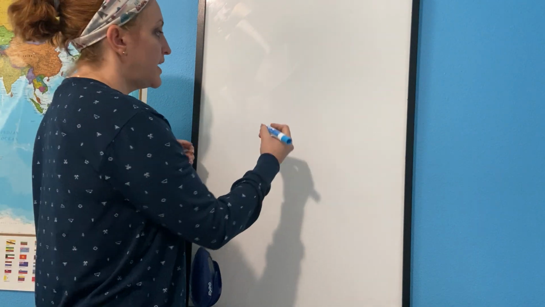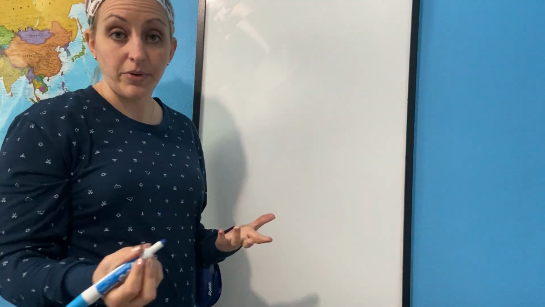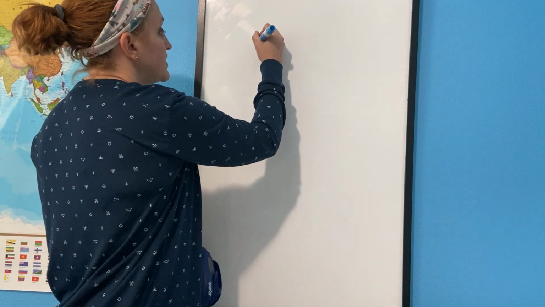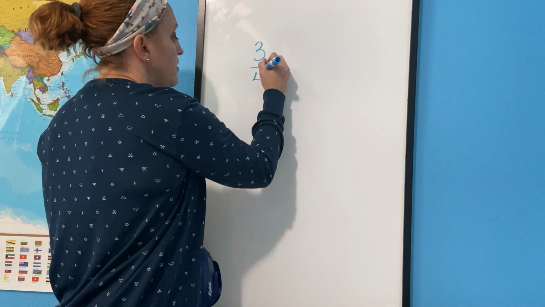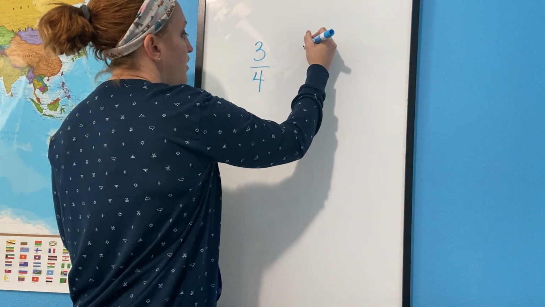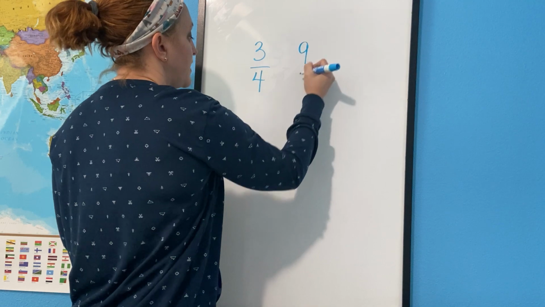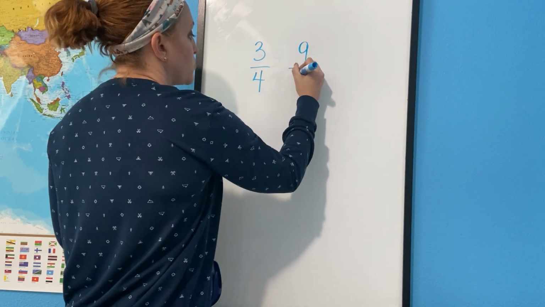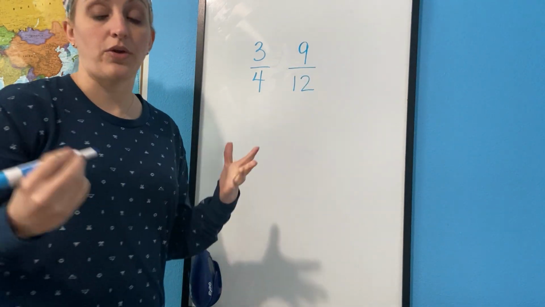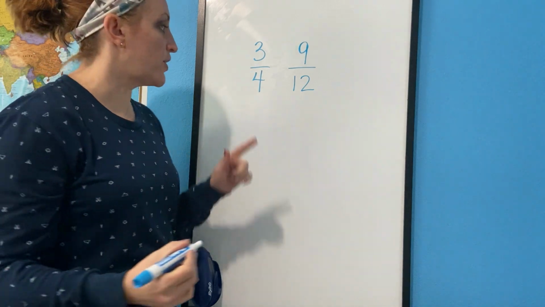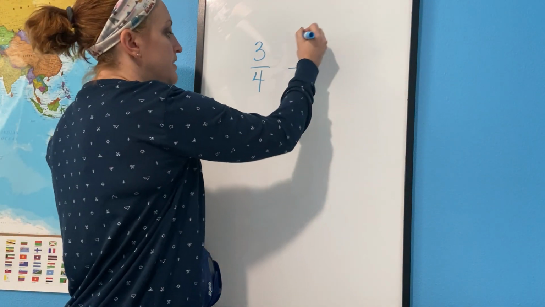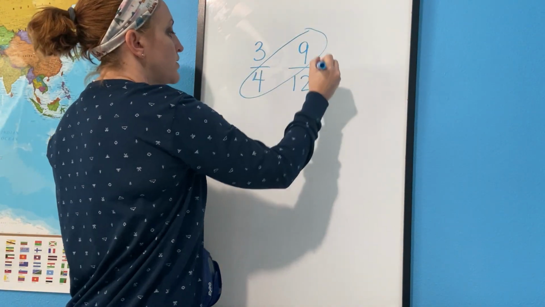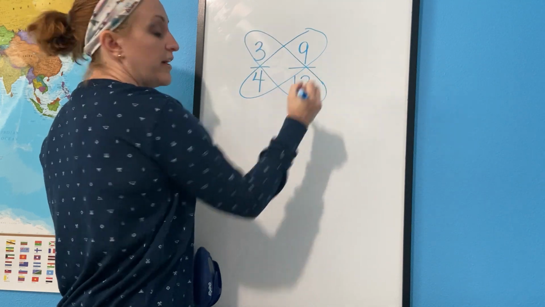Okay, so let's say I have 2 fractions and I want to know if they're equivalent. So let's say I have 3/4 and I have 9/12. I want to know whether 3/4 and 9/12 are equivalent. So what I'm going to do is I am going to make a butterfly.